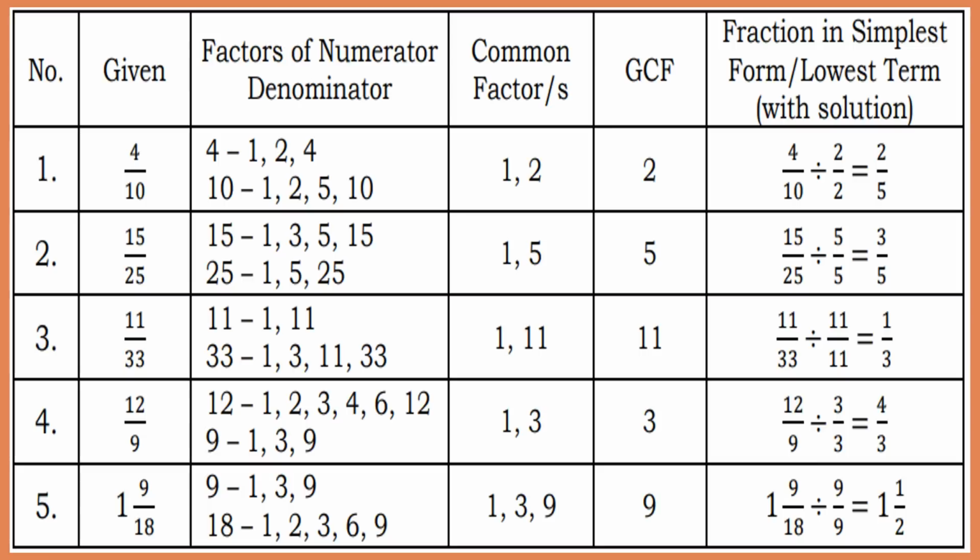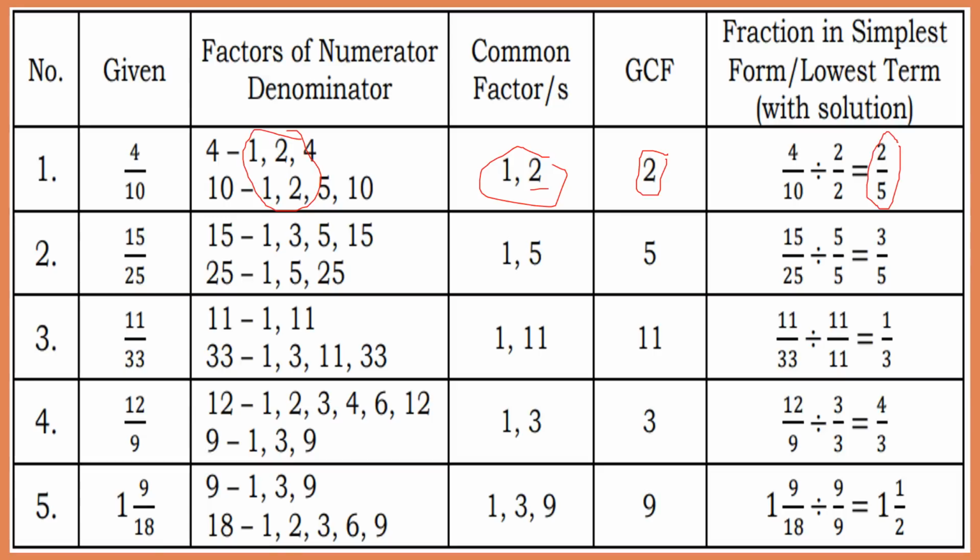Factors of 10: 1, 2, 5, and 10. Common factors: 1 and 2. GCF is 2. Fraction in simplest form, 4/10 divided by 2/2 is equal to 2/5.